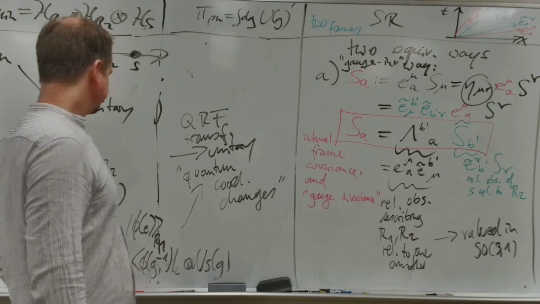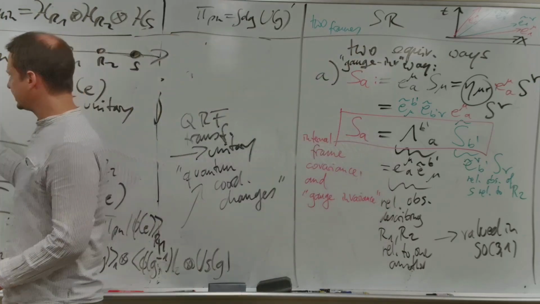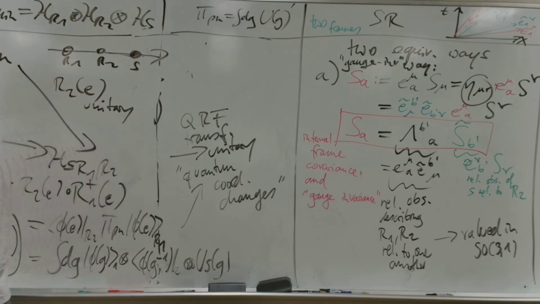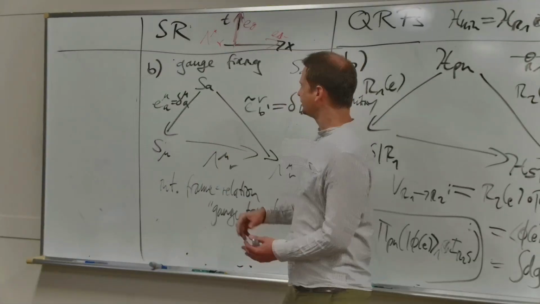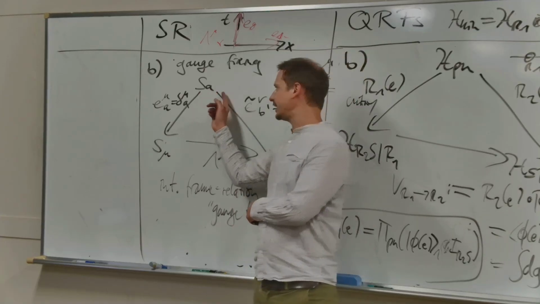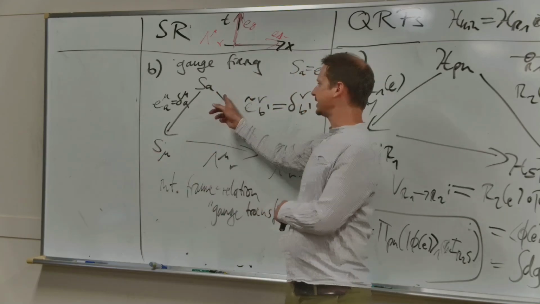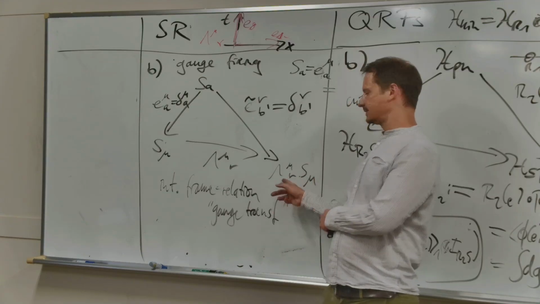So I could do the same. Here I've done this for states. Tomorrow I'll do this also for observables, and then you will see that you get the same kind of structure like here. So here you see, if I take the observable relative to the first frame and I gauge fix relative to the first frame, it looks simple. And I take this observable and gauge fix it with respect to the second frame, it looks a little bit more complicated with this lambda mu there.